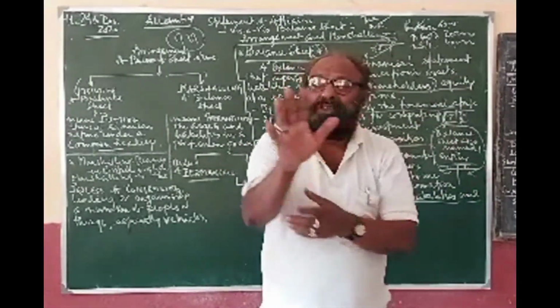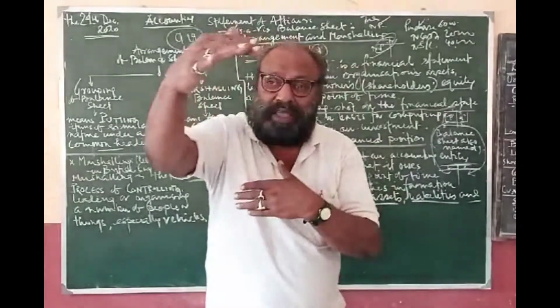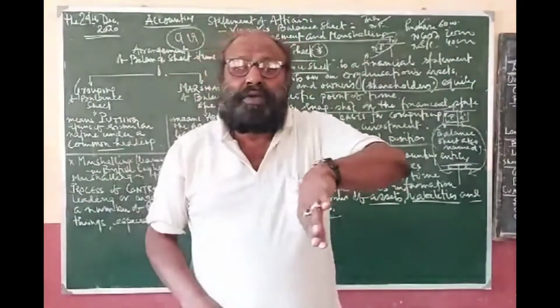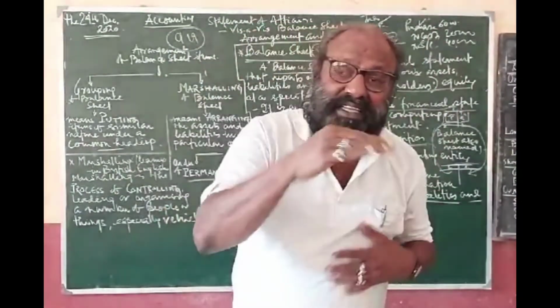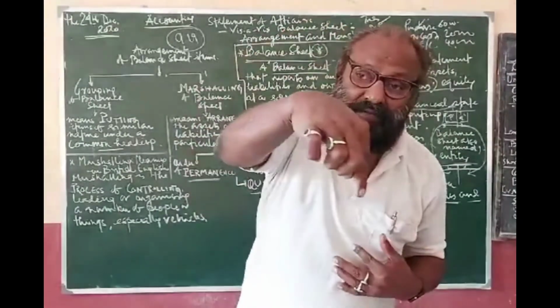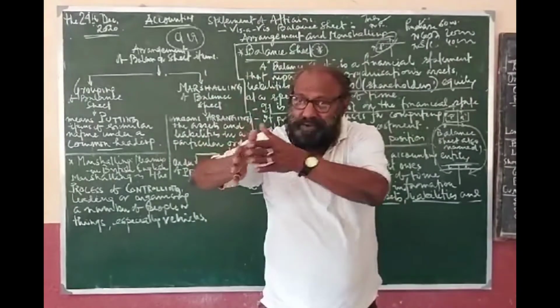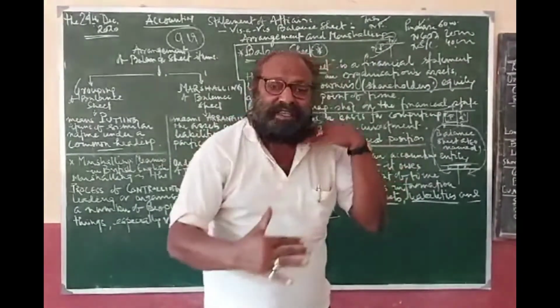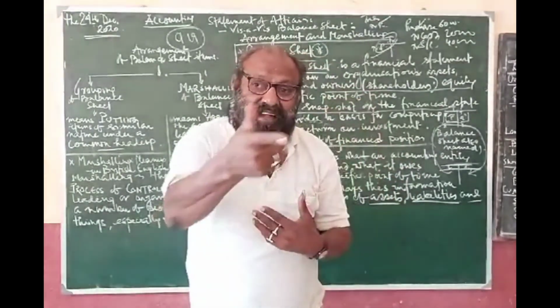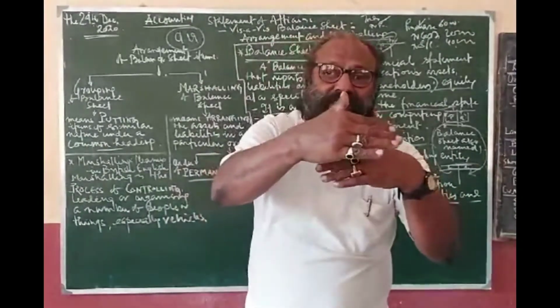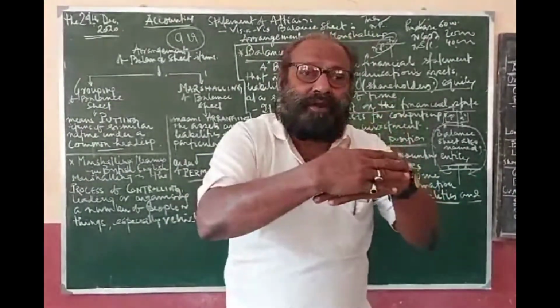It is based on matching cost against revenue. What revenue I have generated, and from that revenue I have deducted all the expenses incurred to generate that income. Are you getting me? Right? So it is income, that is revenue, minus all the expenses met to generate that revenue. That is the matching of cost against revenue, and thereby I get profit.